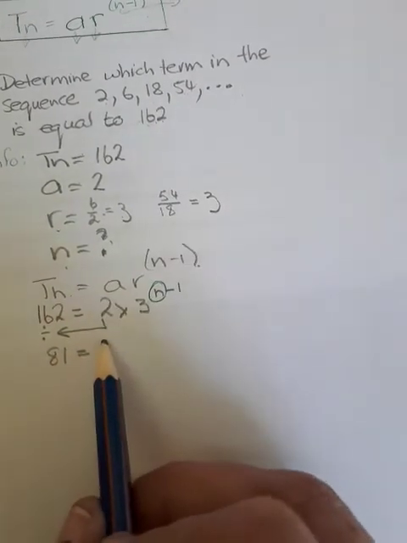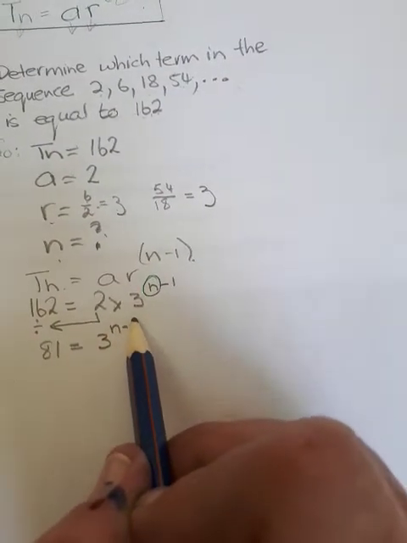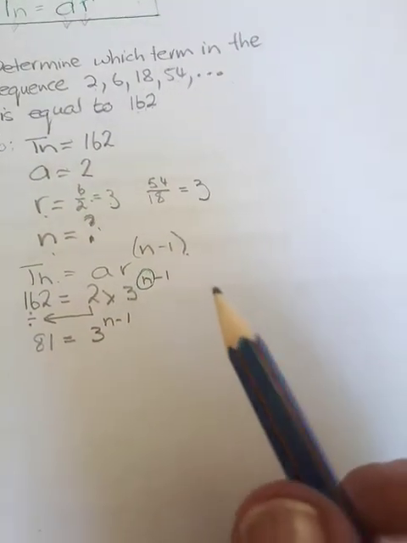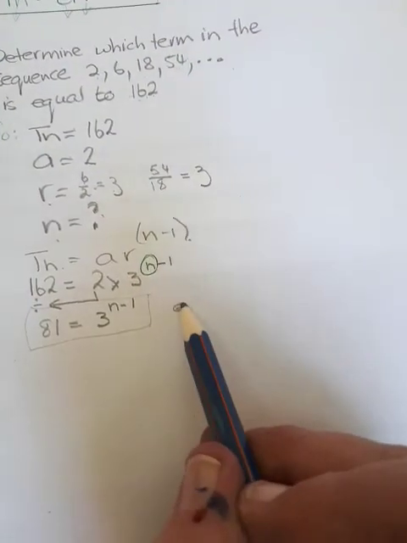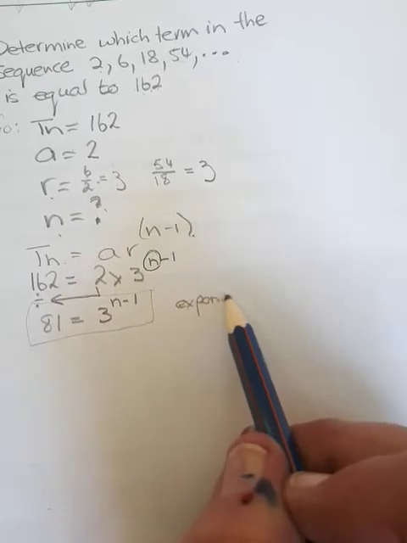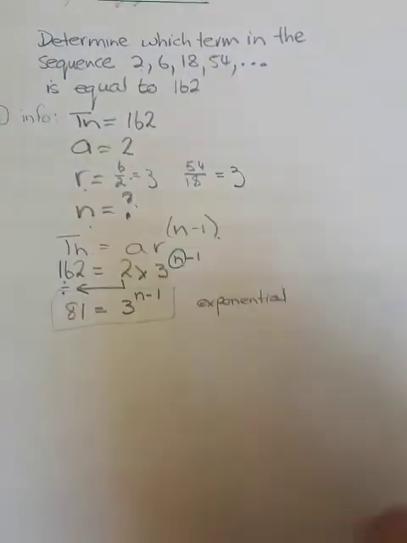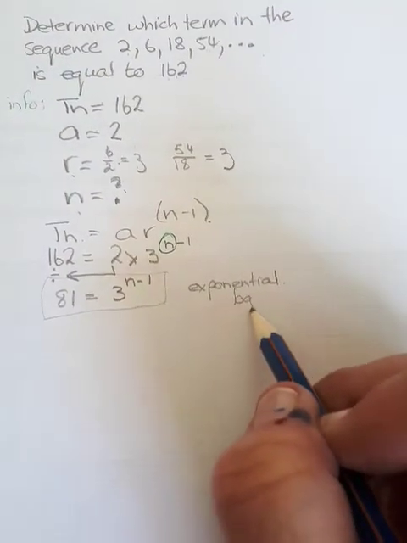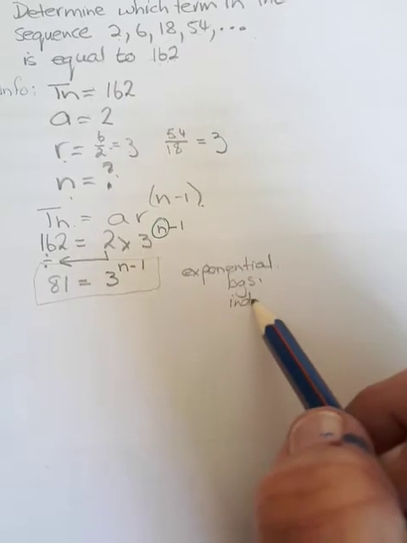And then on the right-hand side, I've got 3 to the power of n minus 1 left over. Okay, now this is an exponential equation, which means you must solve that by either logs, or by the exponential, the indices laws.